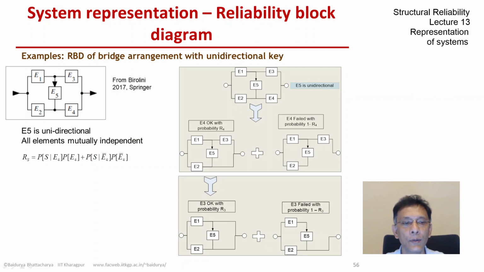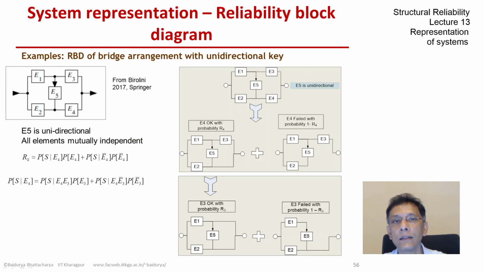So on the left we have element 3 working, and on the right we have element 3 has failed for sure. So in terms of writing the first term in the first equation, system survival given E4, we now condition that further on E3. So you see the second equation where we have S given E4, E3 and S given E4 and E3 bar.